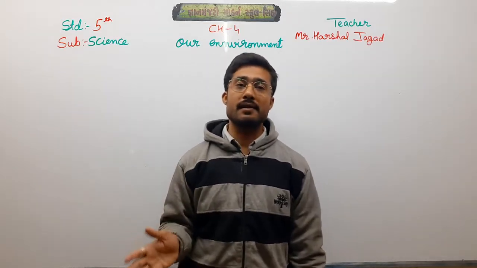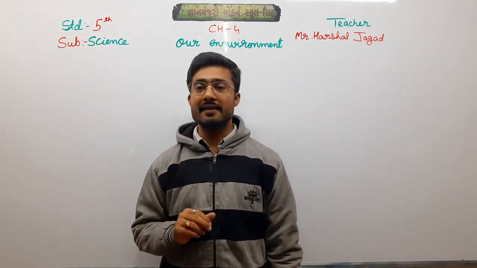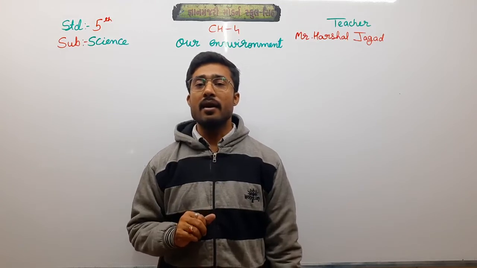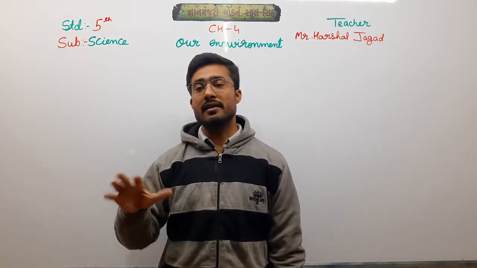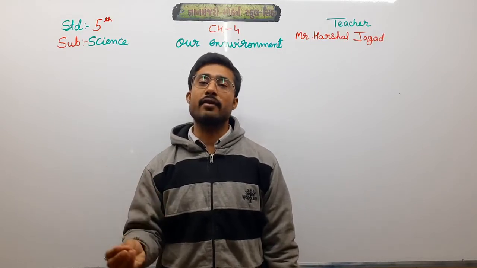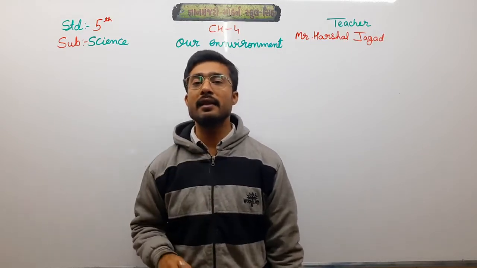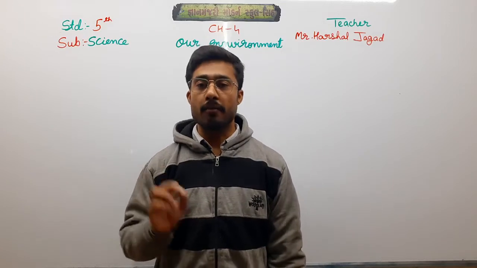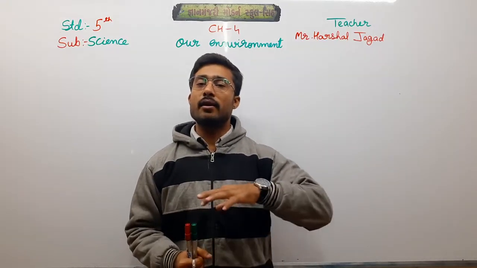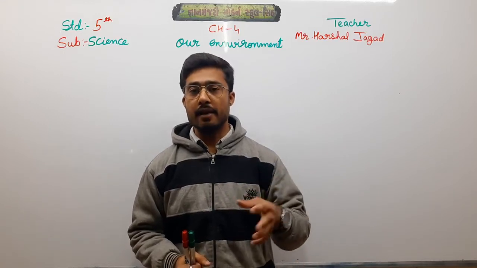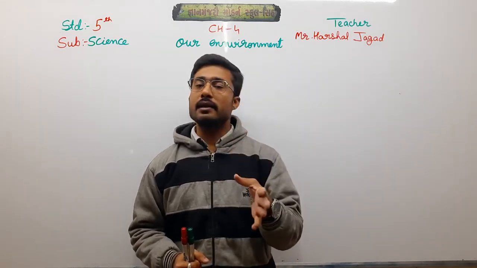This biomass is put into a special digester, known as the biogas digester, in which things react with each other, and then the gas is produced, that is methane gas.